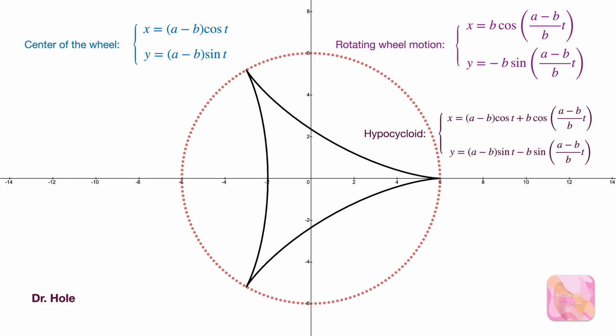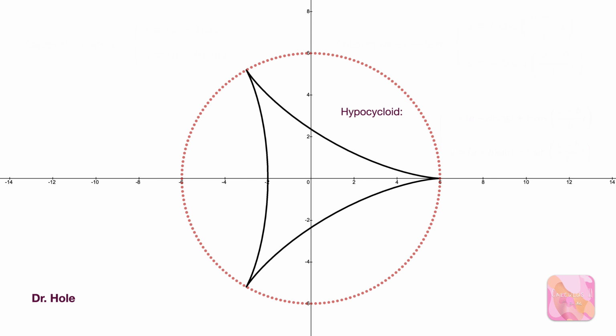And then you can copy this one down as the form. You simply have to plug in A's and B's, plug that into Desmos, and then it will sketch it out for you. Let's look at some particular examples.